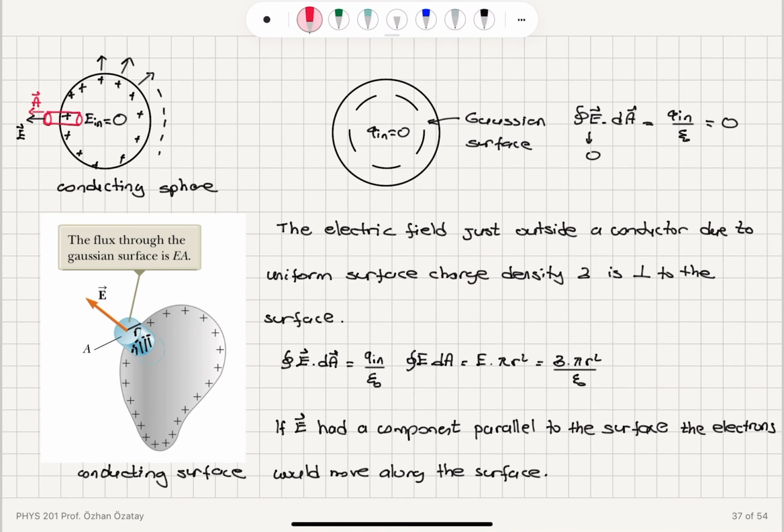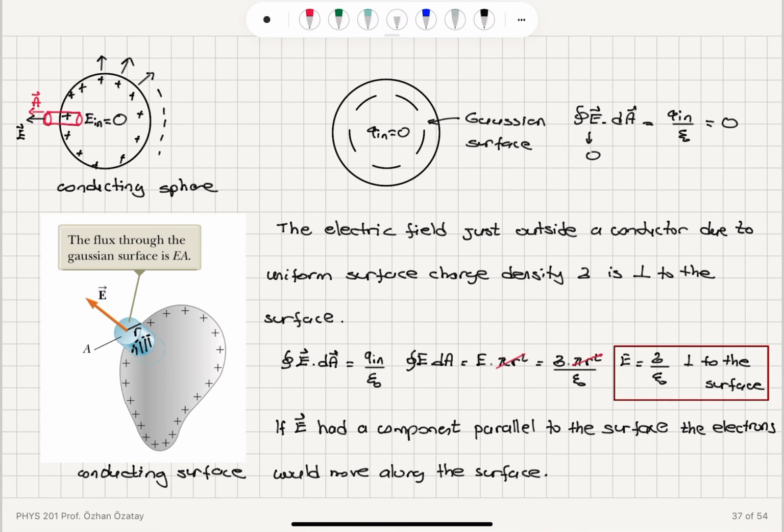So pi r squared will cancel, and I will find that the electric field just outside the charged conducting surface will be sigma divided by epsilon 0, perpendicular to the surface.